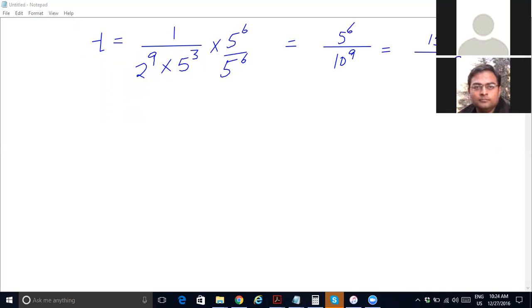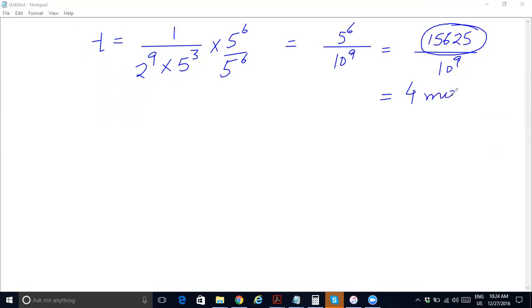Now we know that out of these 6 zeros, 5 digits will be consumed by these 5 digits, so we will have 4 more zeros. This makes sense? Question can be asked in two ways: to find the number of zeros between the decimal point and the first non-zero digit, or they can ask how many non-zero digits are there.